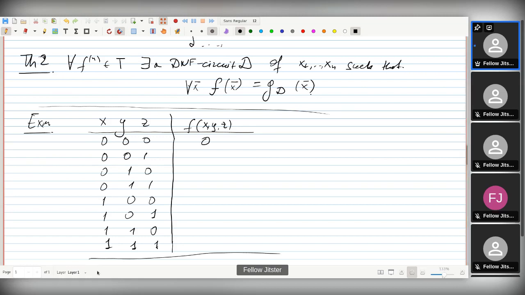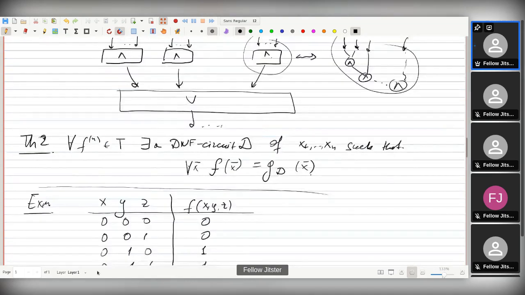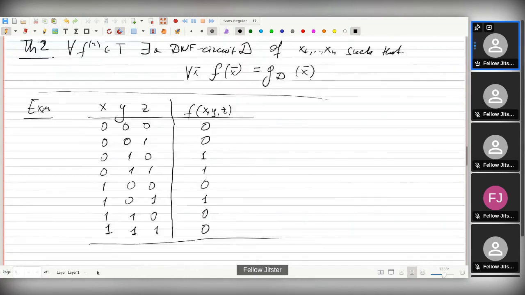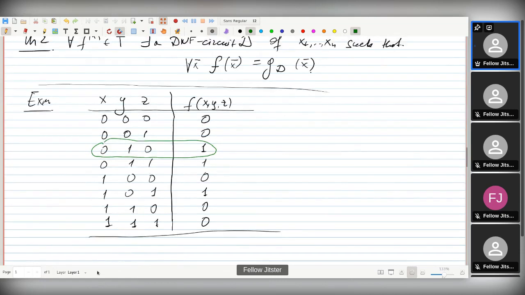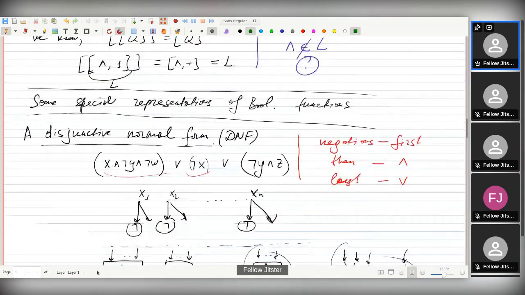So let it be 0, 0, 1, 1, 0, 1, 0, 0. Why not? Something like that. So my idea is as follows. I can describe every unity of my function, that is every tuple where it takes 1, with a so-called elementary conjunction.